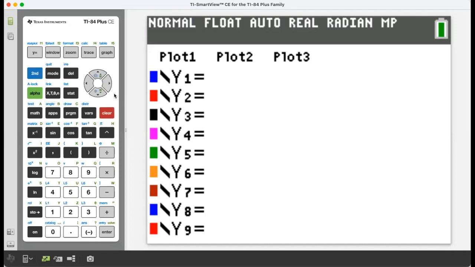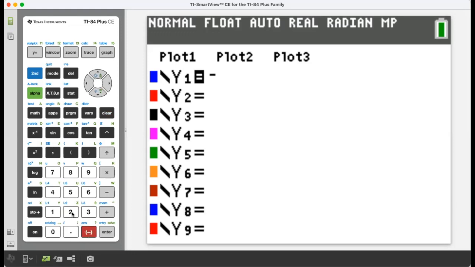So back to the graphing calculator we are, and we're going to input our function. First things first, remember, our leading coefficient is negative 2.18. So once again, when you are inputting a negative, use the negative button, which is next to the enter key, not subtraction.